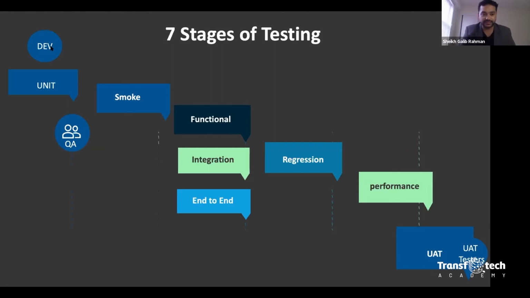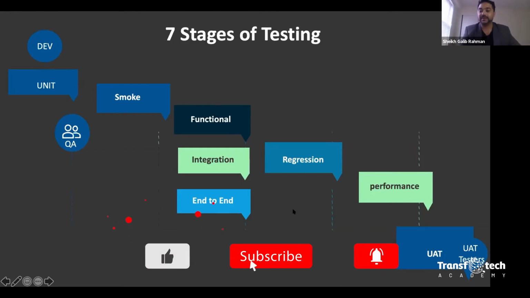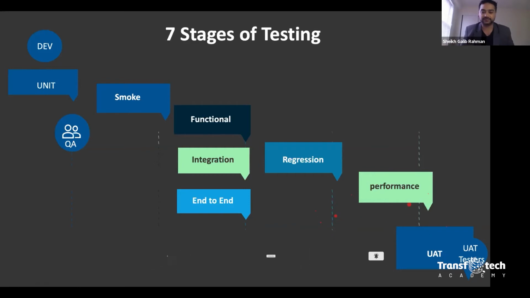You can do unit testing all day. You can do smoke tests all day. You can do one test per story all day. But when they integrate, if it breaks, what's the point? Right? And end-to-end test. Let's talk about some end-to-end tests, and then I'll open up for questions.